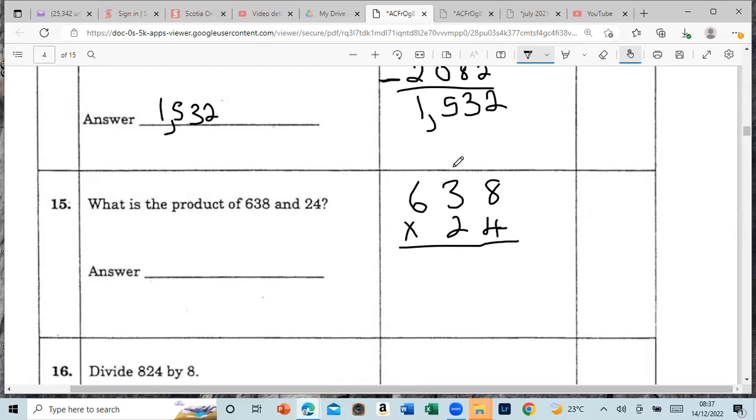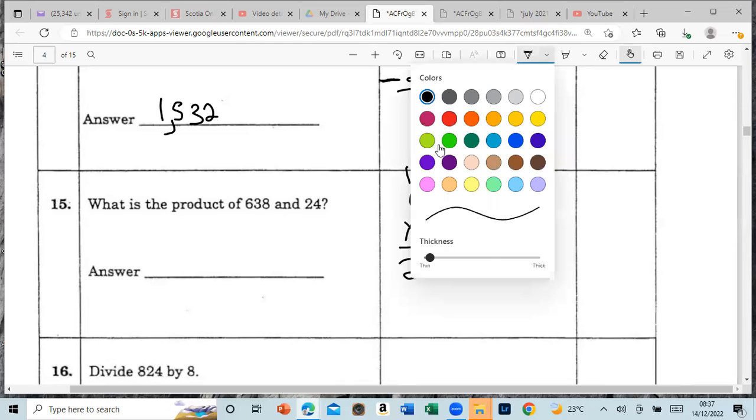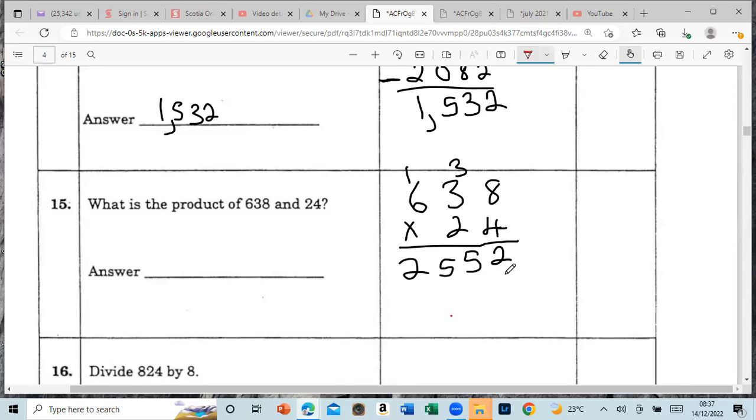4 8s are 32. So using the ones unit first. 4 3s are 12. 12 plus 3 is 15. So that's 5, carry 1. 4 6s are 24 plus 1 is 25. Alright, so now we're gonna change it just to make things a little bit spicy. Yeah, so put a 0 to hold the space. 2 8s are 16.